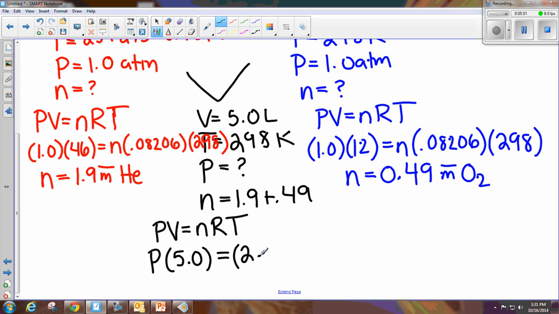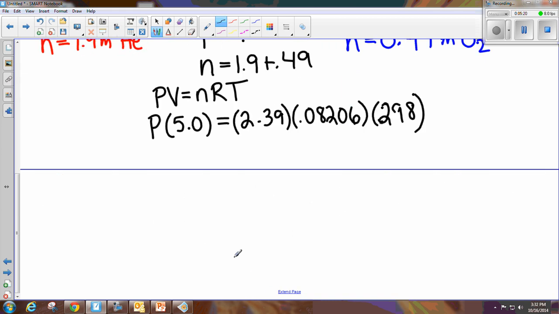So that's 2.39 times 0.08206 and times our 298 Kelvin. And you get the pressure in the tank at the end is 11.7 atm.